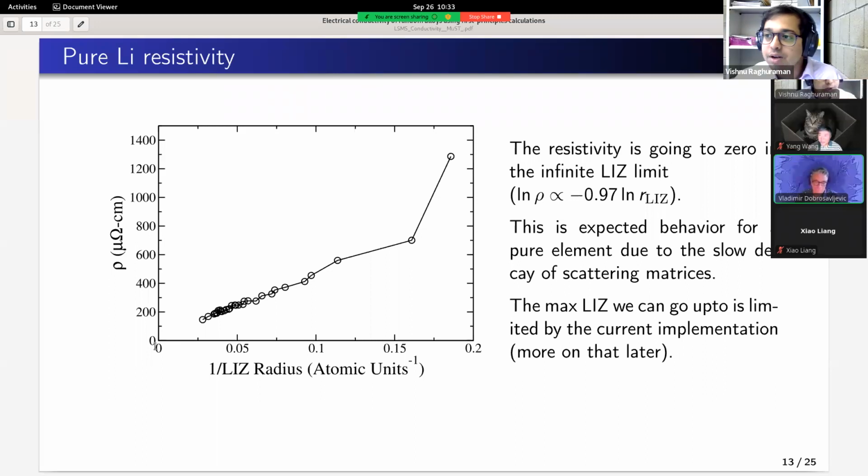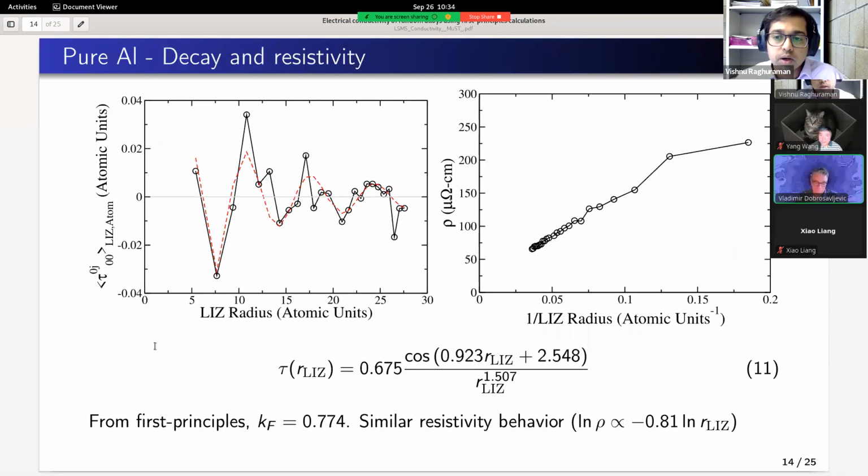Yeah, so we also looked at some other, more pure systems, just to see whether we get a similar trend. We looked at pure aluminum, which was a little worrying when we looked at the resistivity, because looking at the plot, it really seems it's not going to go to zero. But by doing a fit, the fit seems really off linear.